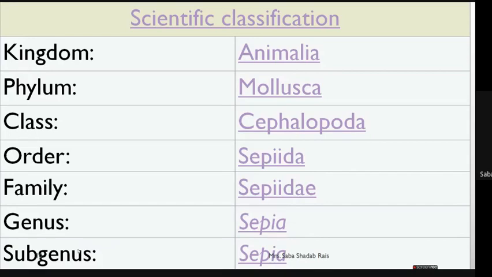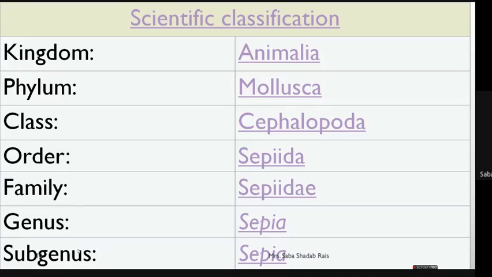Now, how do we write the binomial nomenclature? Most of the time the subgenus is also called the species. Now see how you are going to give the binomial nomenclature.